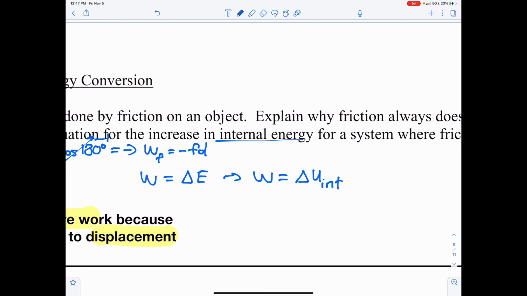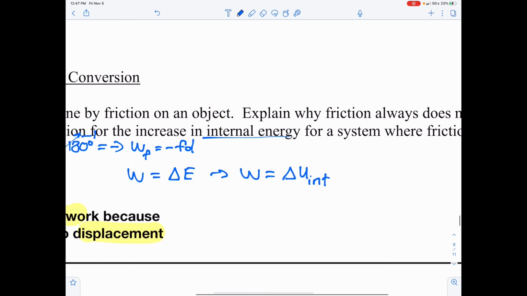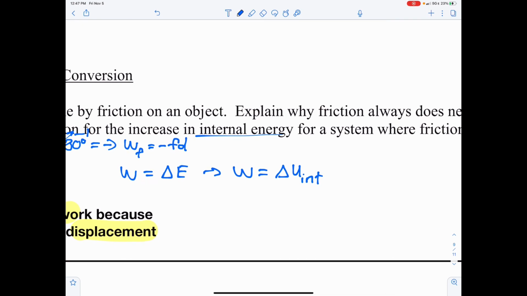So we're talking about the internal energy that is made up of the molecules and the motion of the molecules, and relates ultimately to the temperature of the molecules. Basically, energy coming from somewhere goes to somewhere else. Energy is not created, it's not destroyed, it's just changing forms. So if it is lost from one form, it's gained by another form.